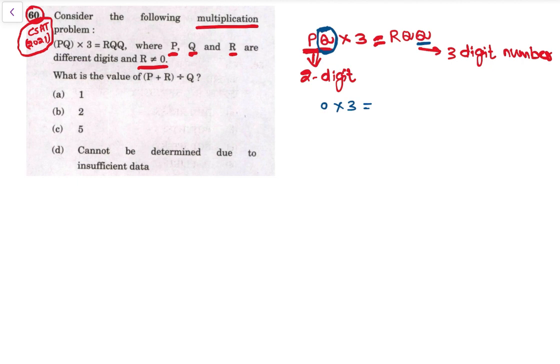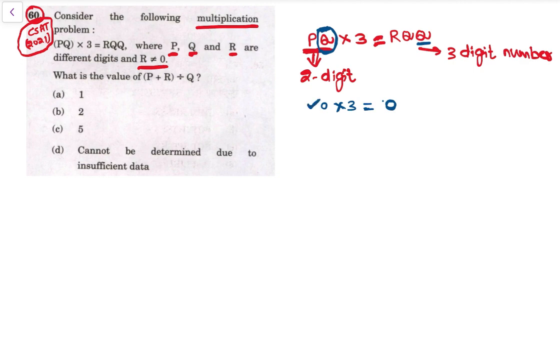If we take Q as 0, then multiplied with 3 we get 0, so the last digit Q of RQQ is 0, so Q can be 0.